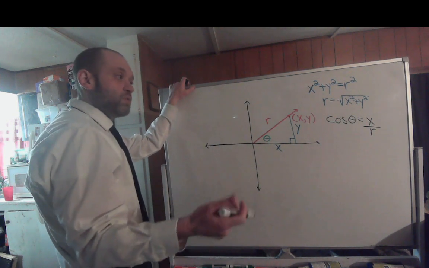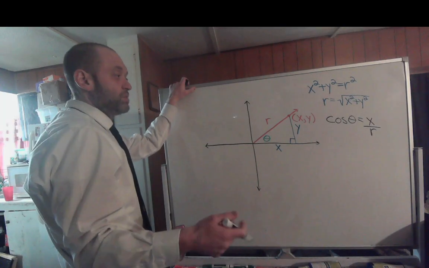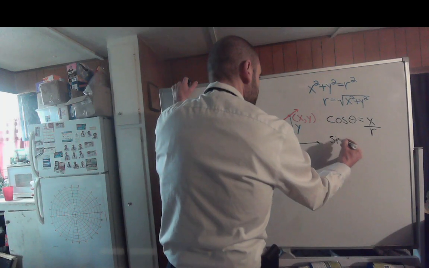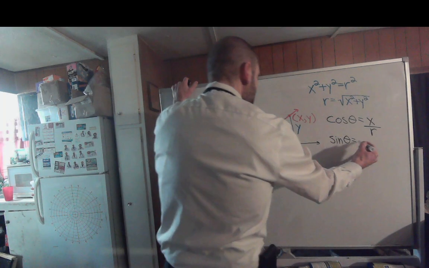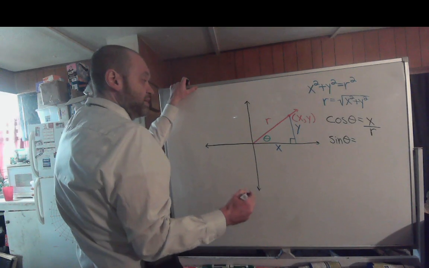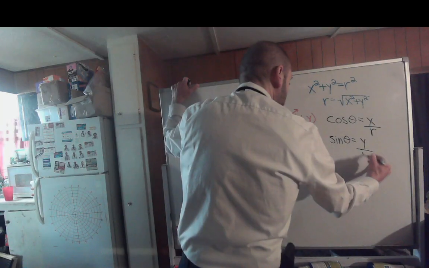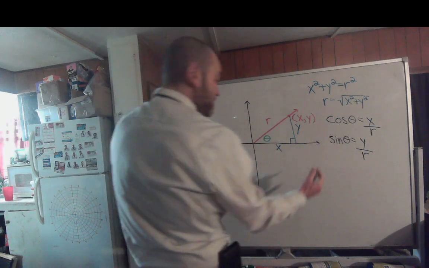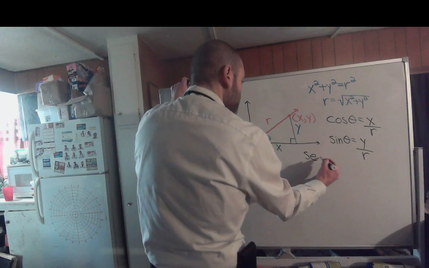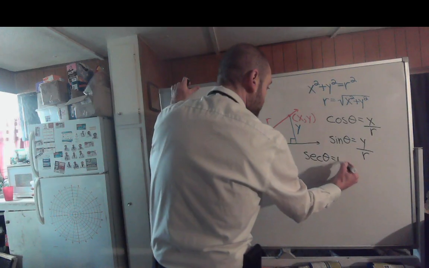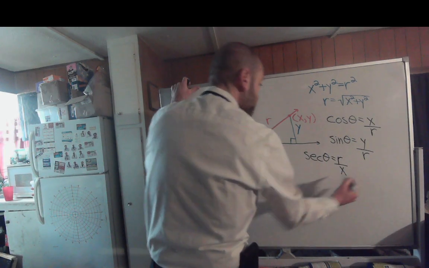So that's where the whole thing came from in the last lesson, with a default radius of 1. Your sine of theta is the opposite over hypotenuse, so it would be y over r. And then your secant of theta, that's the reciprocal of cosine. The reciprocal of x over r would be r over x.